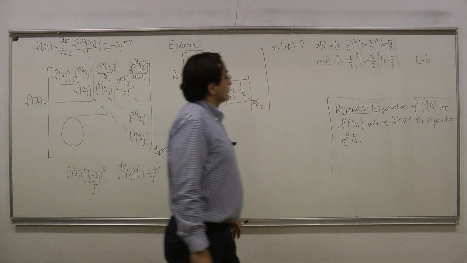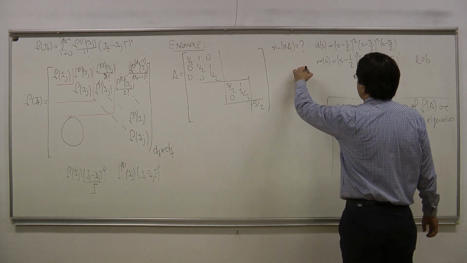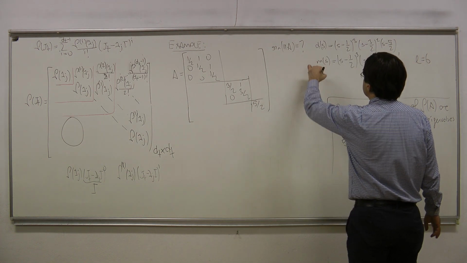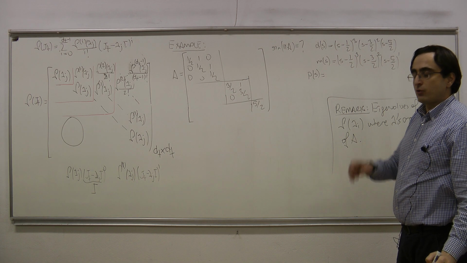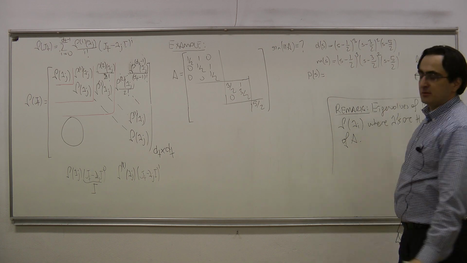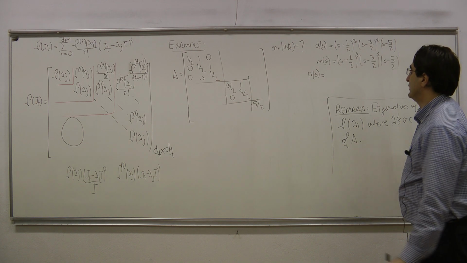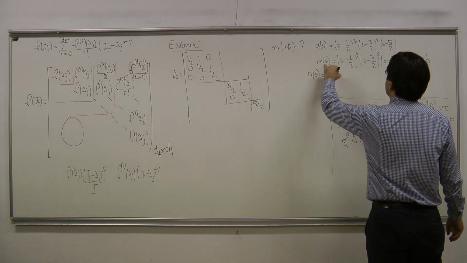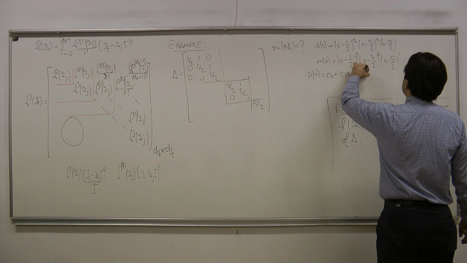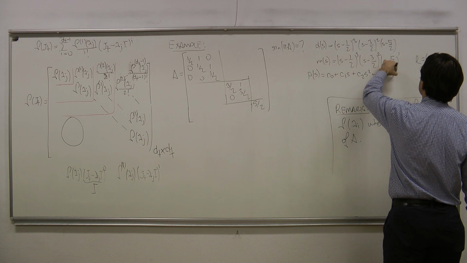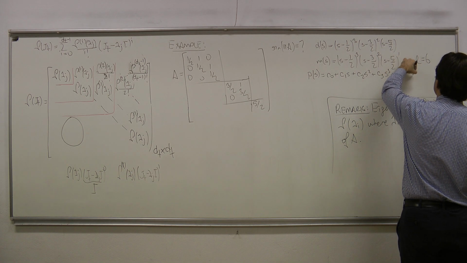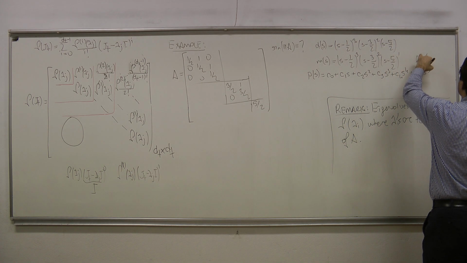So now L equals 6, and that means that if I would like to calculate this interpolating polynomial, its order is going to be 1 less than the minimal polynomial order. So I would have C0 plus C1 s, C2 s squared, C3 s cubed, plus C4 s to the 4, plus C5 s to the 5.